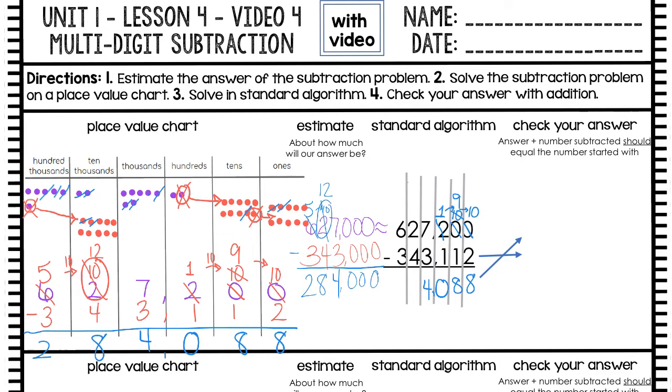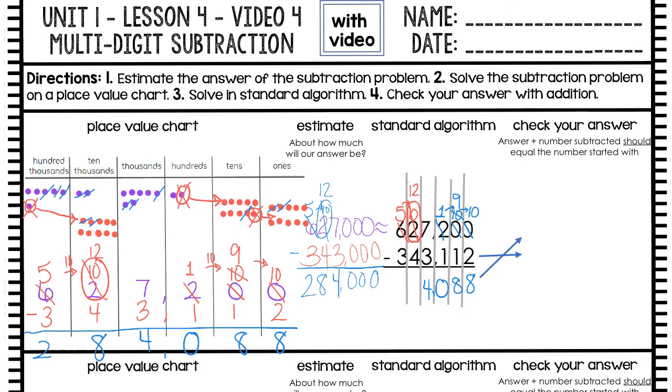Ooh, if I only have 2, I cannot take away 4. So I'm going to be regrouping. Now I gotta come over to my 6 and take away 100,000. Now there's 500,000 left. And I'm regrouping 10 more into the 10,000s place. So because there's already 2 there, we have to add 10 plus 2 is 12.